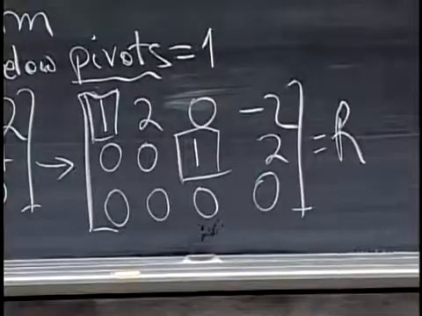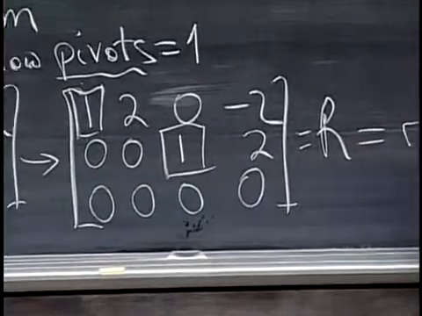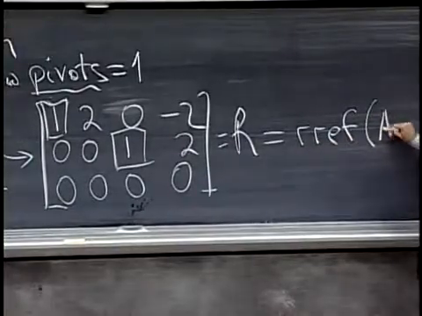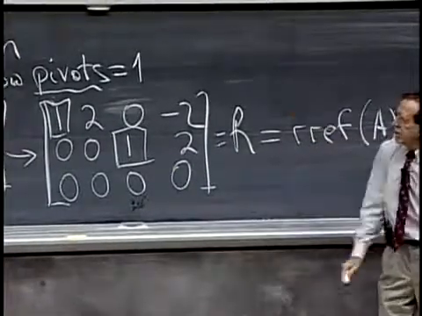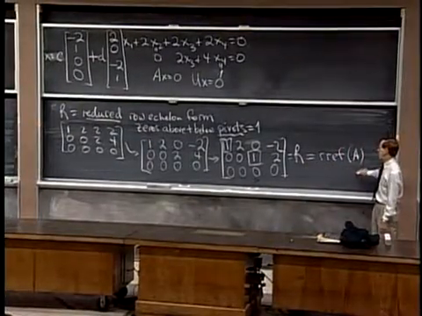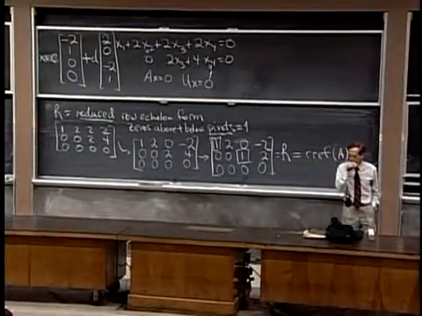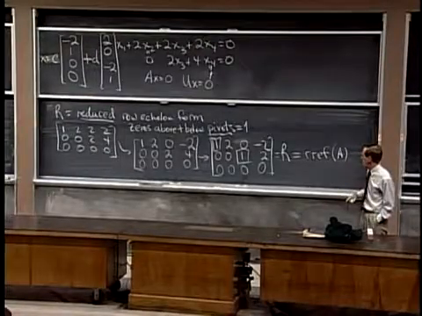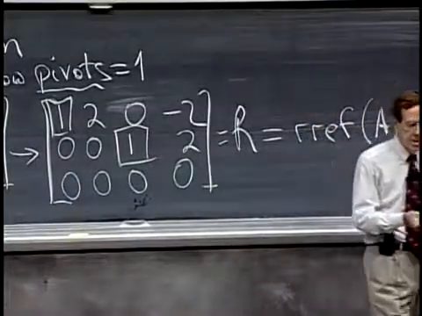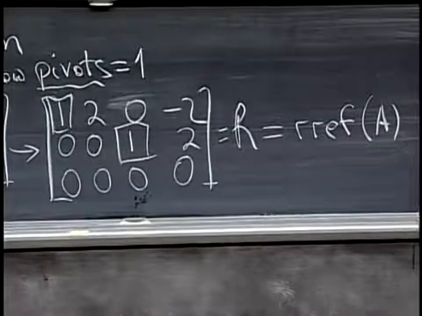MATLAB will do it immediately with the command rref, reduced row echelon form of A. So if I input that original matrix A, and then type that command, press return, that matrix will appear. That's the reduced row echelon form, and it's got all the information as clear as can be.